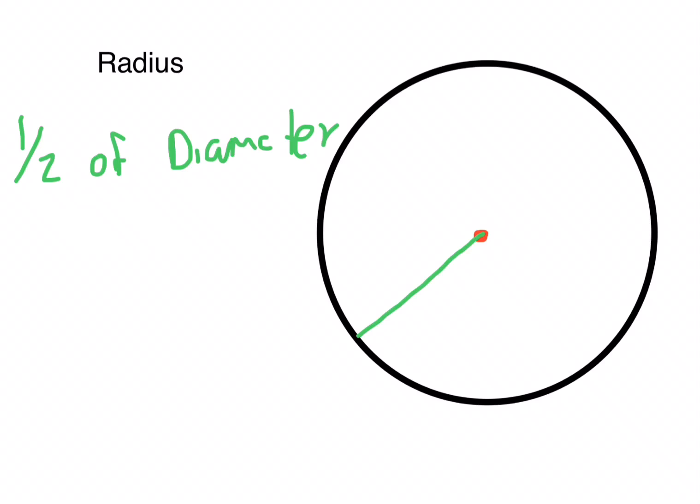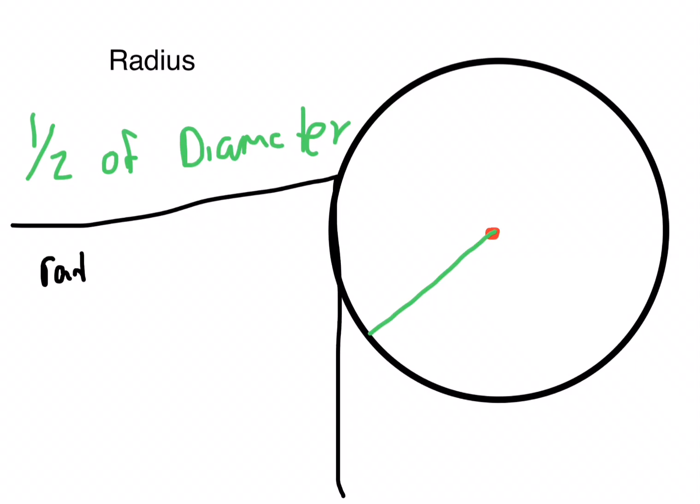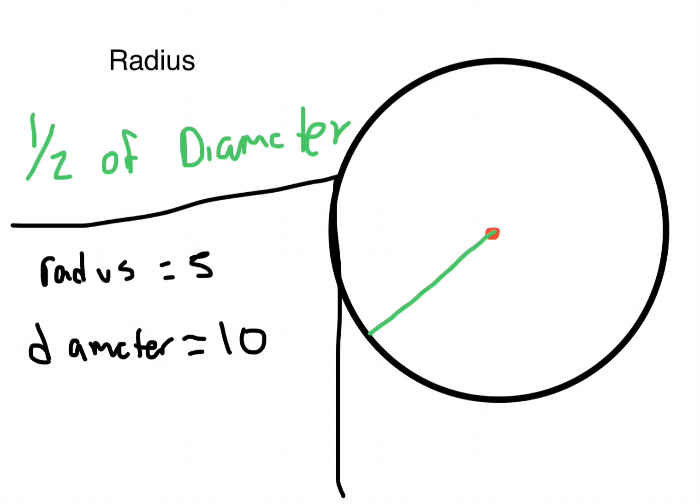What I mean is, if I told you that your radius was 5, then your diameter has to be double that. So your diameter would be 10. And so on and so forth. If your radius is 10, then your diameter is 20. If your radius is 25, then your diameter is 50. You get the gist of it.